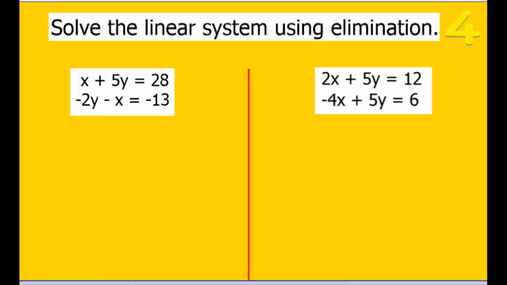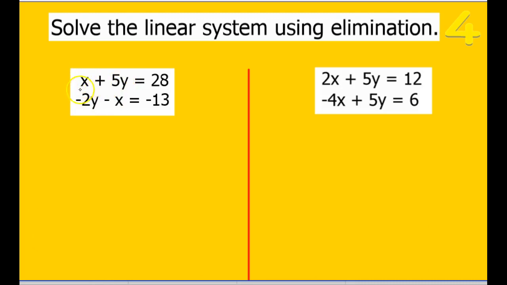Alright, last couple problems. Here we have x plus 5y equals 28, and negative 2y minus x equals negative 13. Now, if we look at this problem, our x's aren't lined up, and our y's aren't lined up.